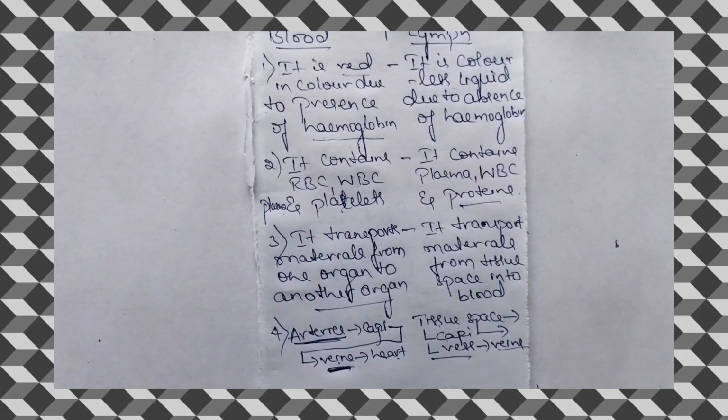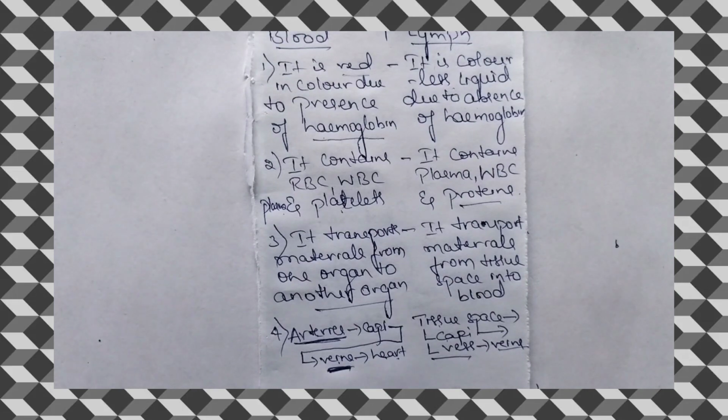Blood contains RBC, WBC, plasma and platelets. Lymph contains WBC, plasma and proteins. Blood transports material from one organ to another. Lymph transports material from tissue space into the blood.